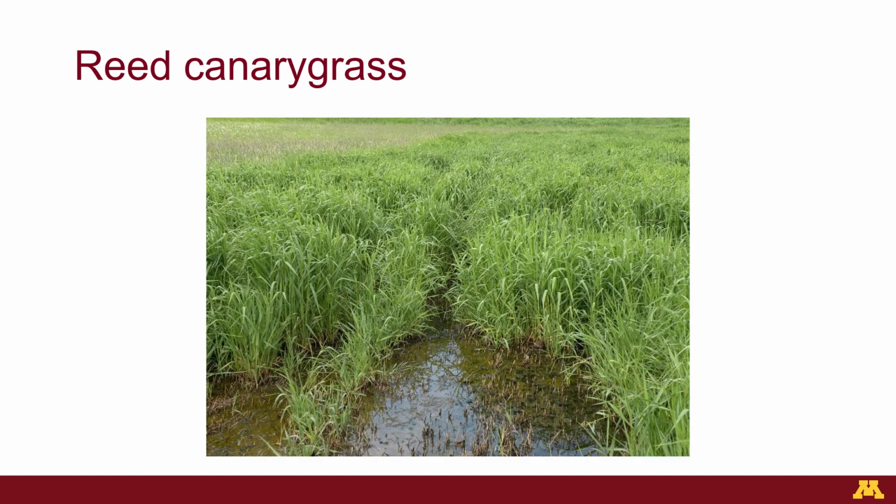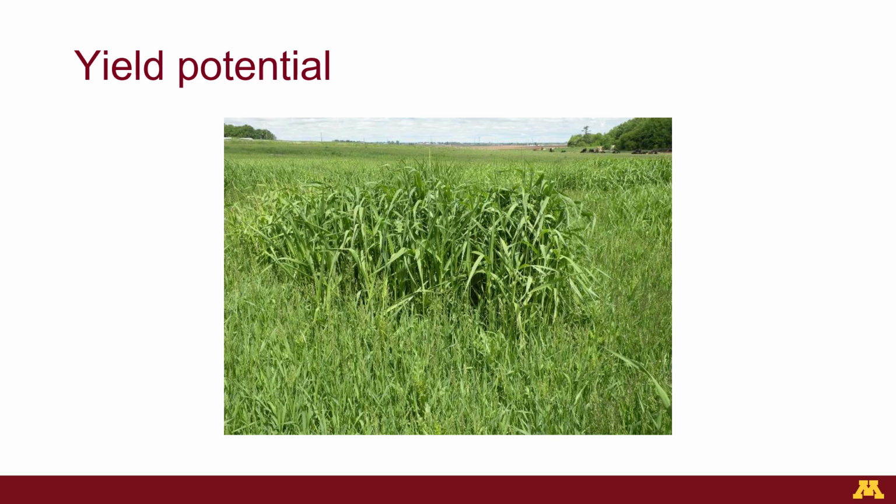Reed canary grass is an example of a grass that is well adapted to wet conditions. However, it can also be grown under upland conditions because it has high yield potential. In this picture, we show reed canary grass growing next to standing water. For comparison of yield potential between perennial grasses, note the tall growing reed canary grass surrounded by the shorter stature Kentucky bluegrass.